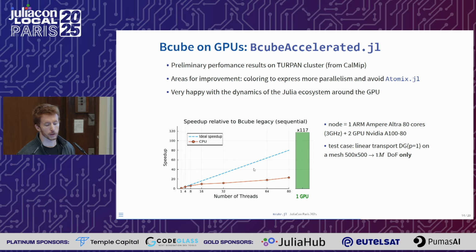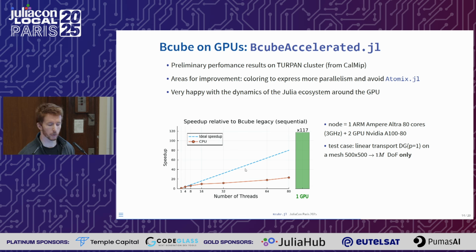Thanks to KernelAbstractions, we were also able to try what we can get from the CPUs. Here you have a strong scaling on the CPU, and we can see that for now the speed-up is not linear, so we don't have a perfect result, but at least we are able to switch between different devices, and that is very cool.